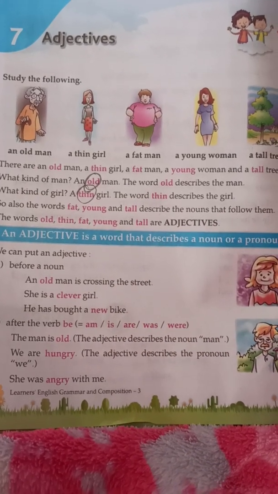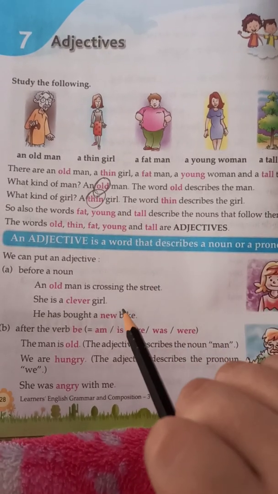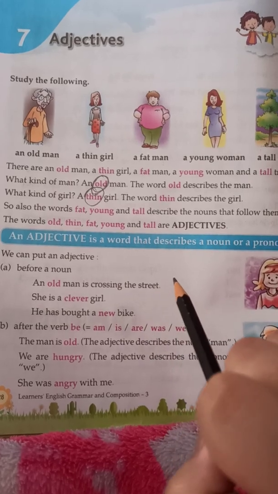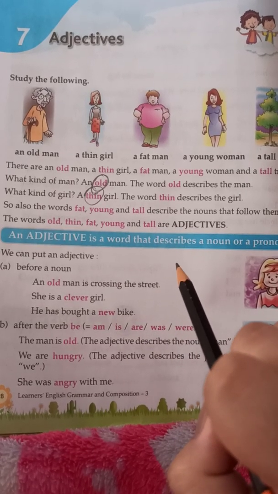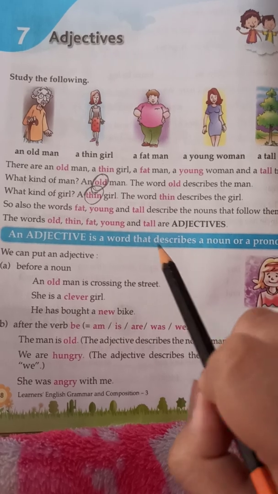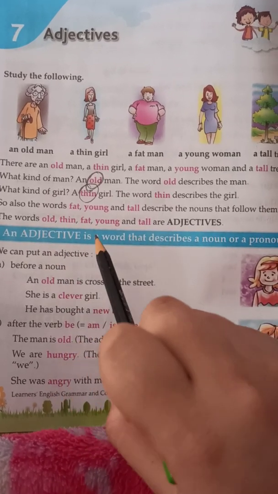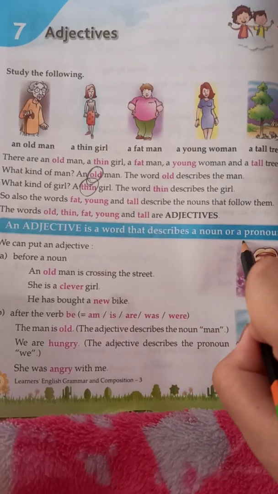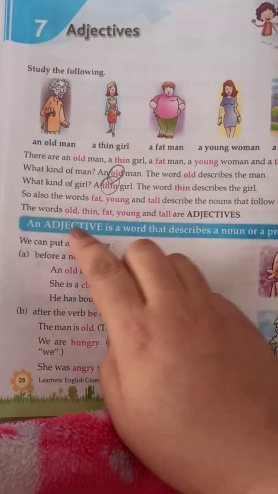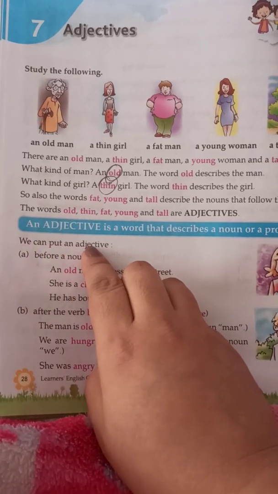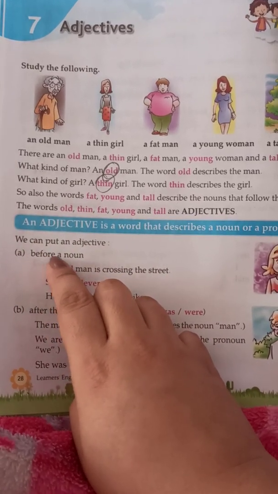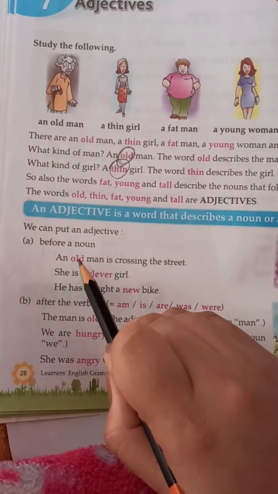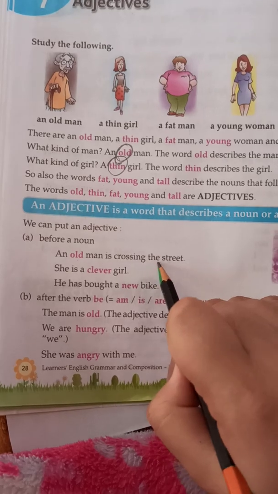So what do you mean by adjectives? Adjectives are the words which describe the nouns, the naming words. An adjective is a word that describes a noun or a pronoun. We can put an adjective before a noun. Now, let's read the sentence. An old man is crossing the street.